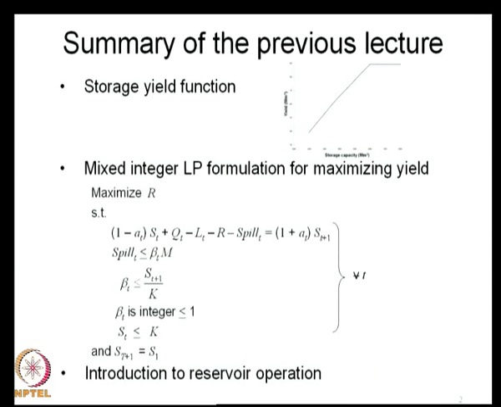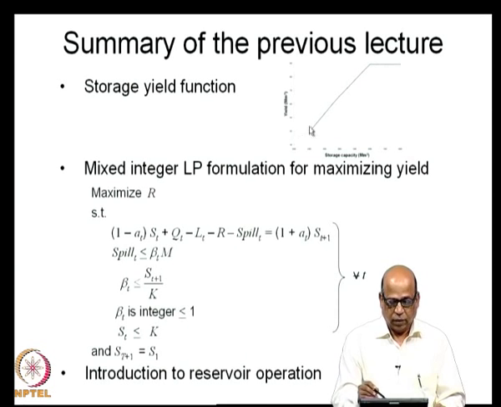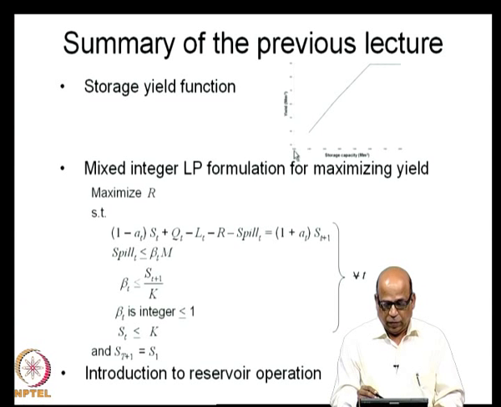So, essentially in the last lecture we solved an example for the storage yield function with respect to the storage capacity of the reservoir. What is the yield that we get for a given storage capacity is what we did, and through this example we showed that in general the yield keeps on increasing as you increase the storage capacity, but after a time it remains constant.